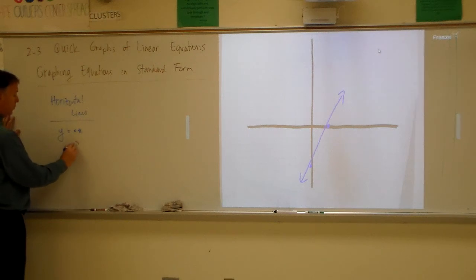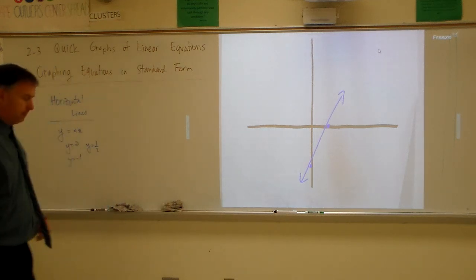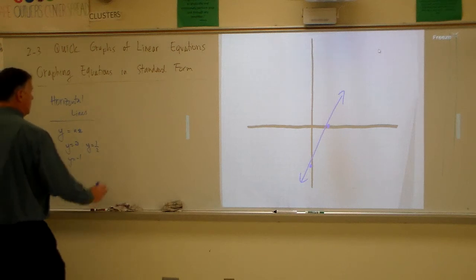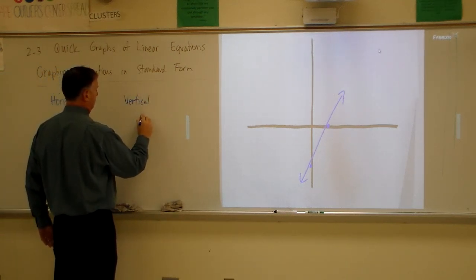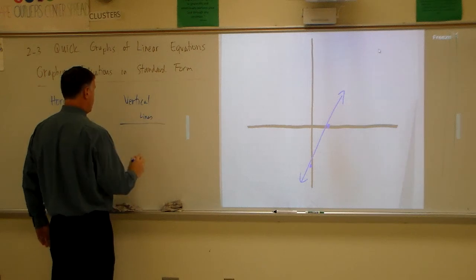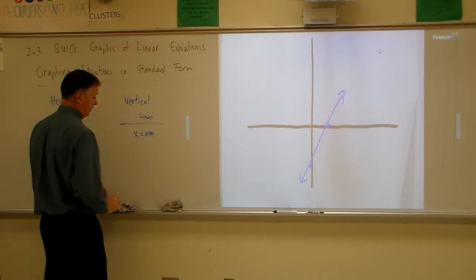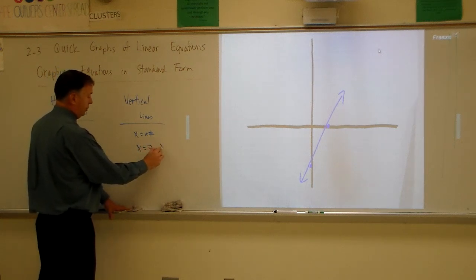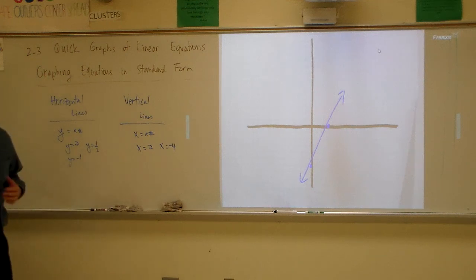So, y equals 2, y equals negative 1, y equals a half. There's no x, it's just y equals a number. Okay? Vertical lines: that's x equals a number. x equals 2, x equals negative 4. Those are examples of vertical lines.